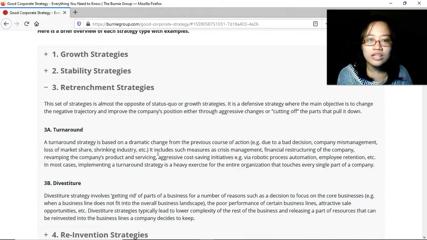Okay, so it includes such measures as crisis management, financial restructuring of the company, revamping the company's product and servicing, and aggressive cost-saving initiatives through, let's say, robotic process automation, employee retention, etc. In most cases, implementing a turnaround strategy is a heavy exercise for the entire organization that touches every single part of a company. Okay, example tayo.